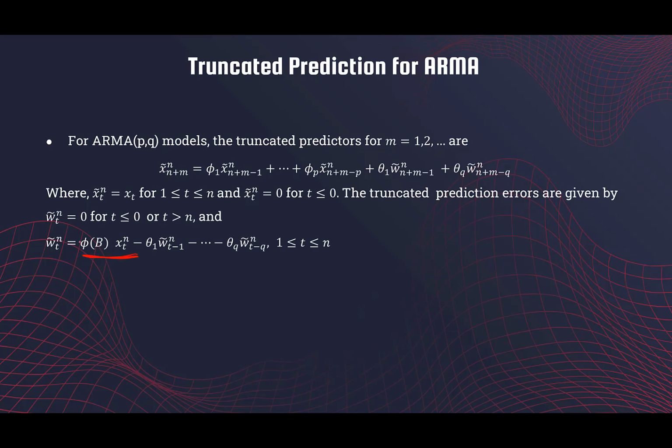So phi beta x and t, and remember phi beta, this is an ARMA 1-1, right? So phi beta is just going to be 1 minus phi 1 x t minus 1n, right? And then we have these remaining terms here.